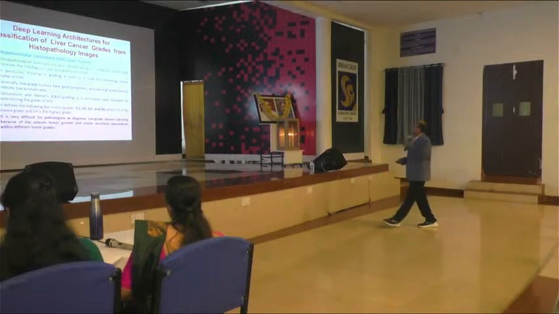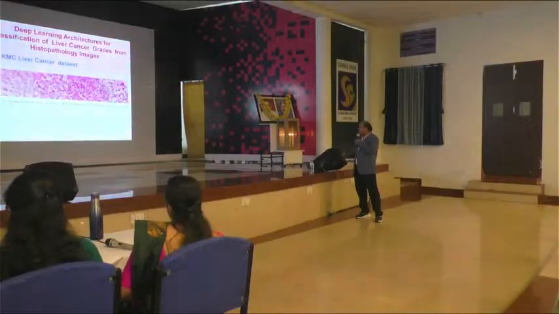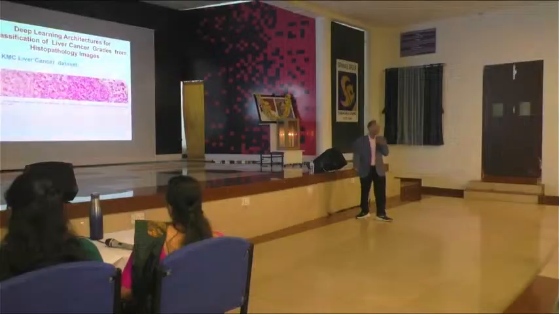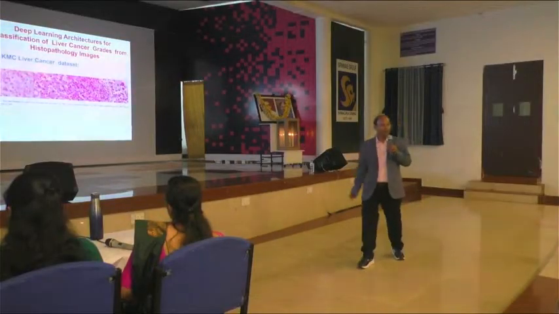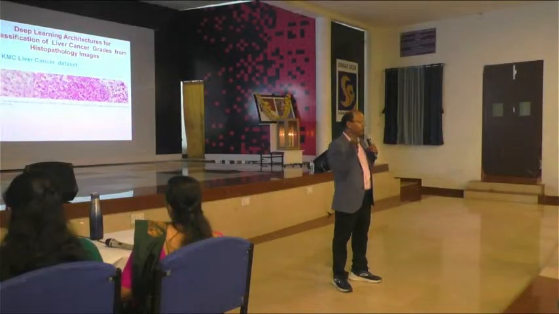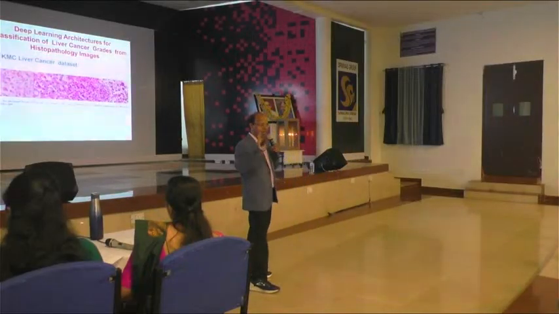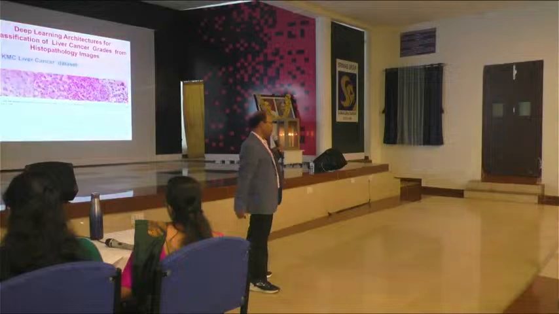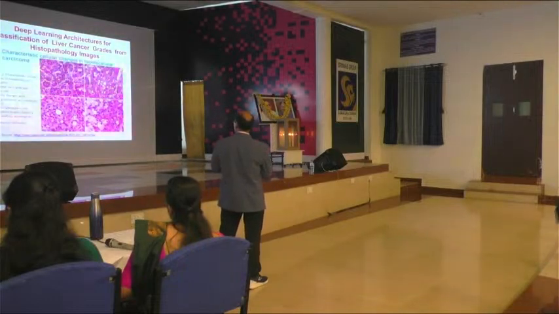And these are the sample images from KMC Mangalore, where we did the subtypes, basically low, medium and high. Because it was difficult to find a sufficient number of samples for the high grades 3 and 4, we would only get a small number. So what we did was merge grade 3 and grade 4, and somehow the project was completed.